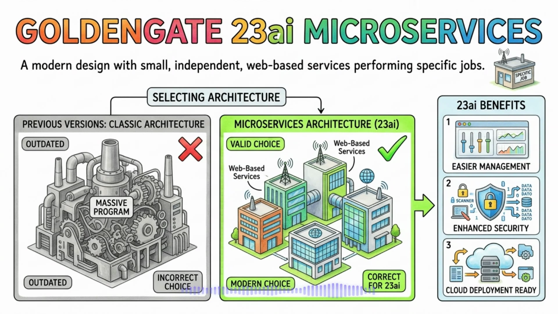GoldenGate 23ai breaks its operations down into smaller, web-based services. This modern approach makes the software much easier to manage, secure, and deploy in cloud environments. The exam heavily focuses on this microservices architecture, so we will spend time exploring each specific service.